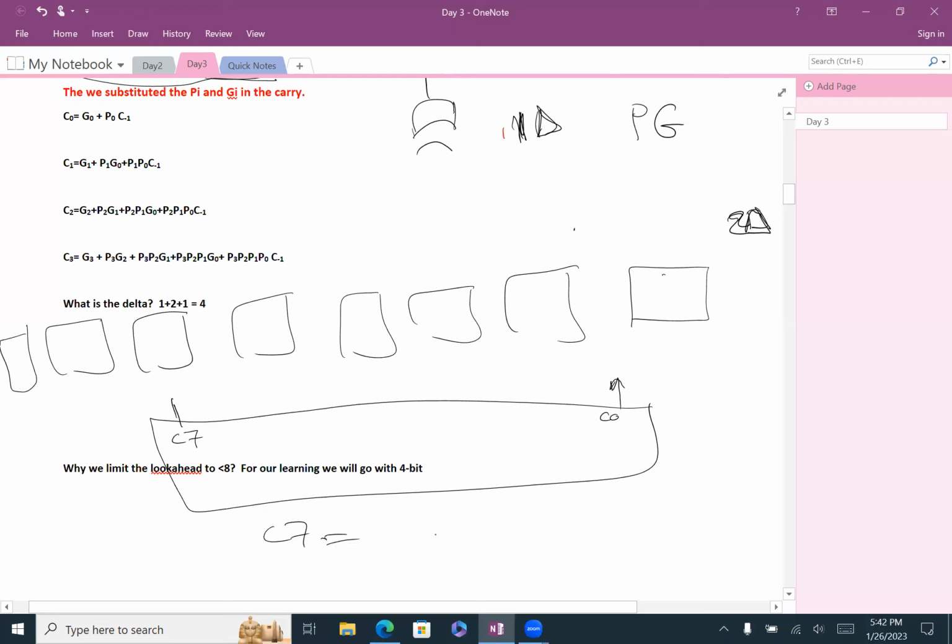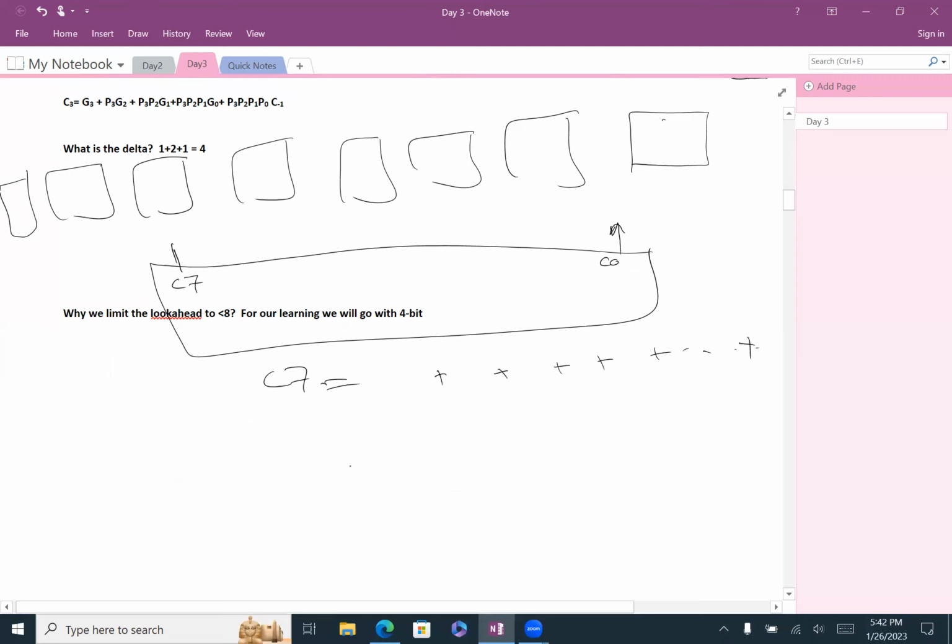What's the equation for the C7? It will be 9 ORs, correct? That means your circuit with the OR is going to look something like this. You will have 1, 2, 3, 4, 5, 6, 7, 8, 9.